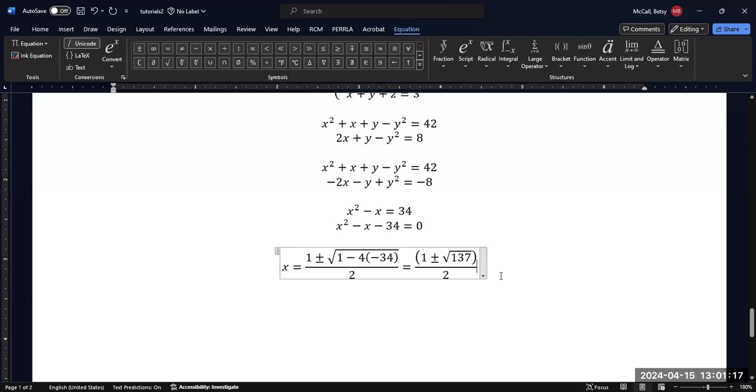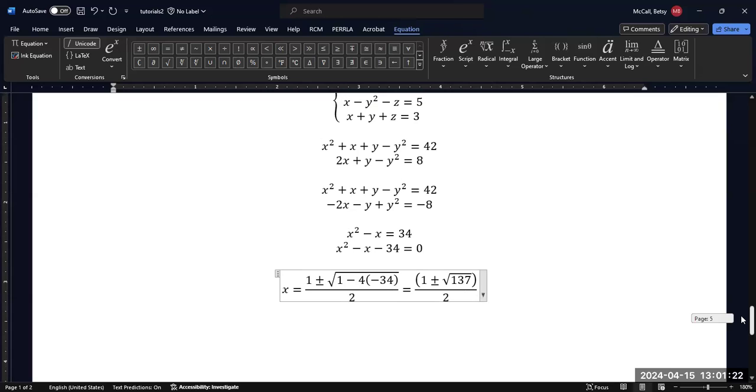Not the world's best solution, but it is a solution to our x. So we have two possible solutions for x.